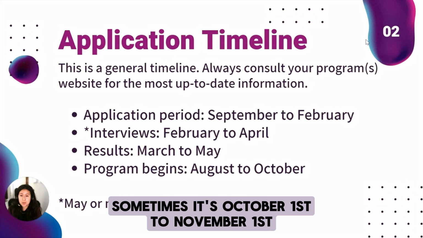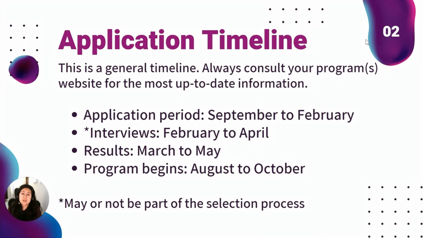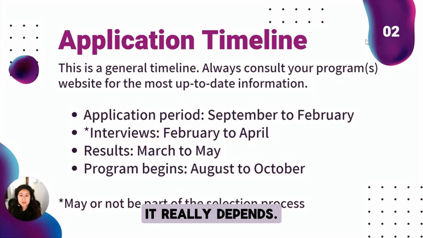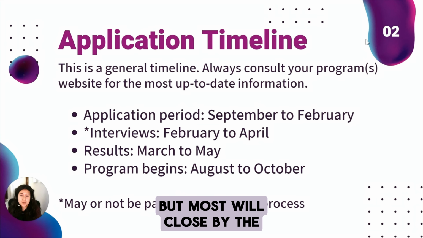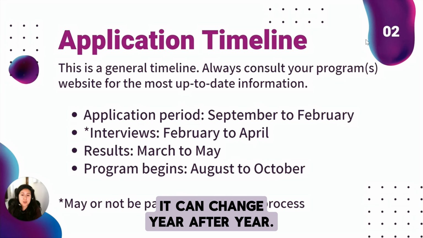Sometimes it's October 1st to November 1st, a very short and tight window. Others are October 1st to January 15th. It really depends. But most will close by the end of February, if not early to mid March. However, double check because it can change year after year.